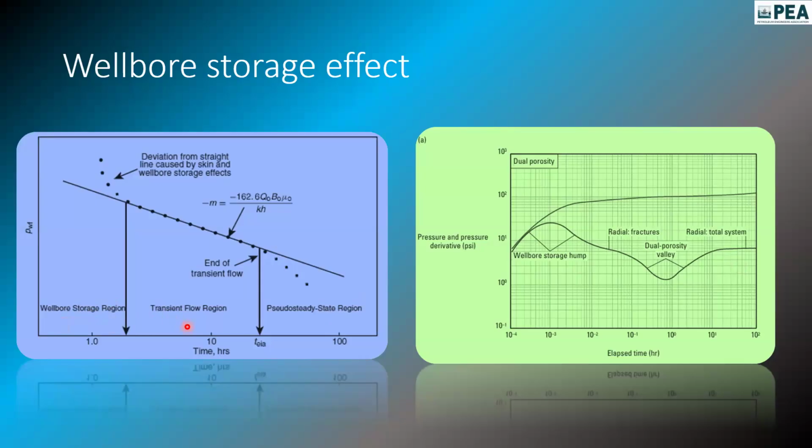I already told you what transient time is: the time taken for the pressure drop from the start of your wellbore to reach the outer boundary layer. After reaching the boundary layer, you will see the effect as the pressure starts to fall down. That is your pseudo steady state flow effect, where the energy drive of water will be reduced, so the production will start to decline and the pressure will slowly decline. That is the effect of it.